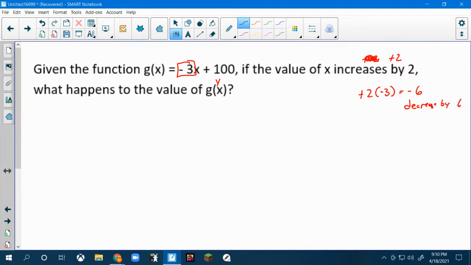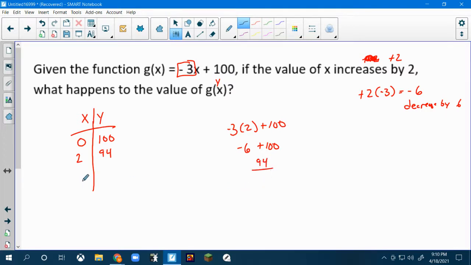Let's check. Let's make an xy table. If we start at 0, plug that in, we're going to get 100. Okay, and I want to increase by 2. Negative 3 times 2 plus 100. Negative 6 plus 100 is 100 minus 6, which is 94.